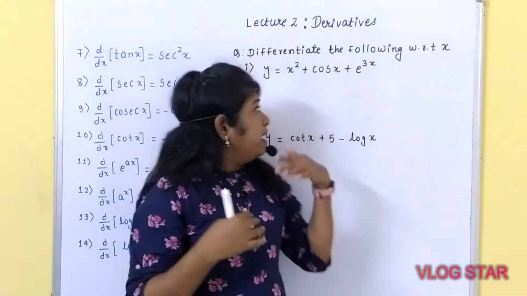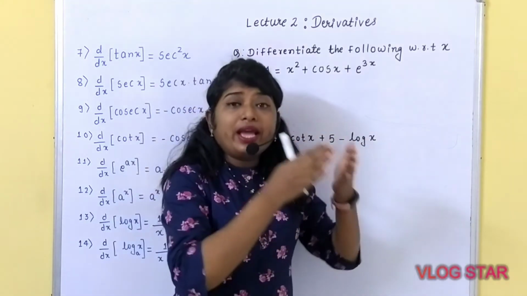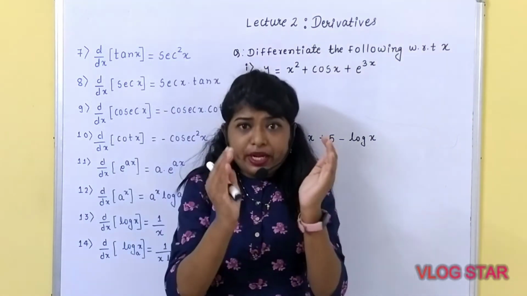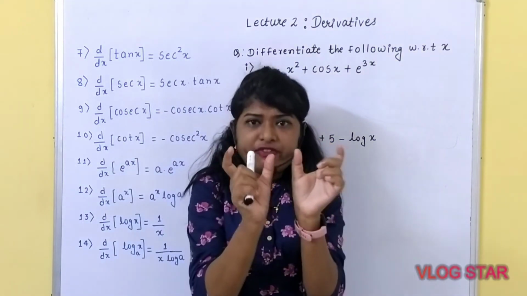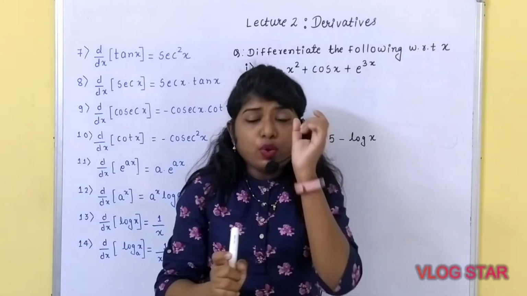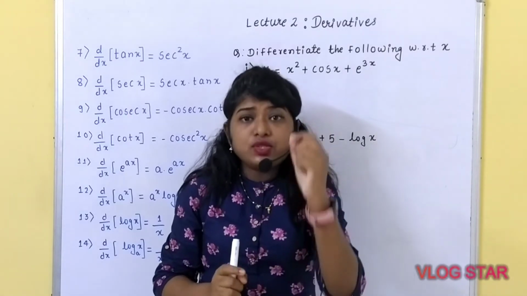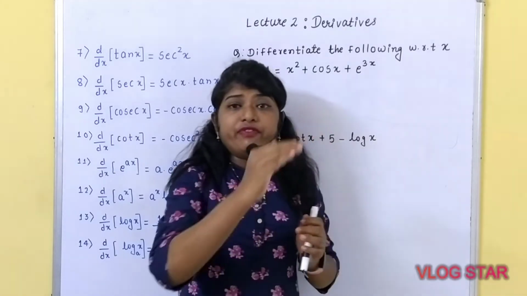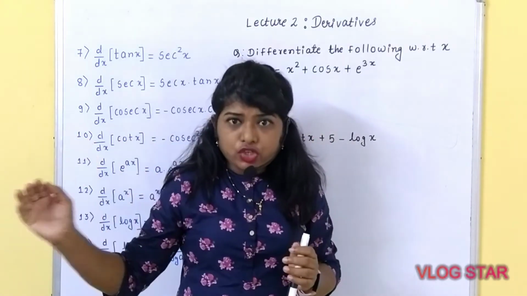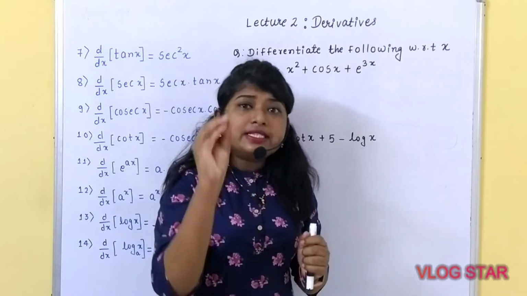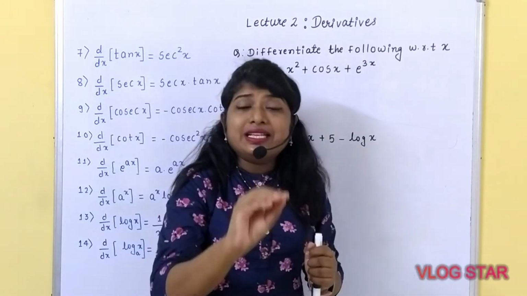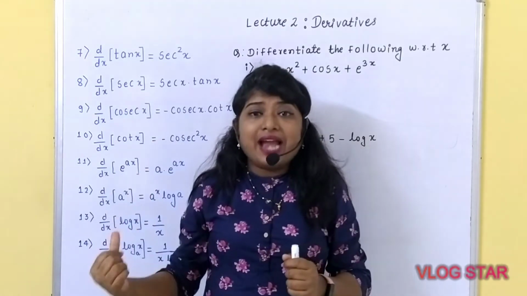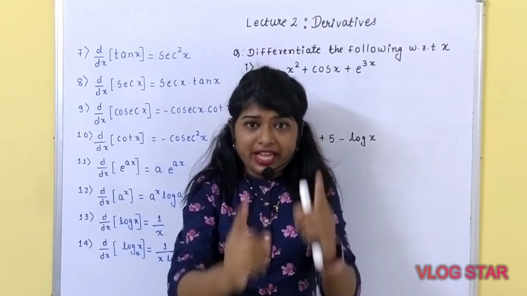But if I am talking about x square into cos x or cos 2x, so in that particular function there will be two different functions. Am I right? So what you have to do? First you have to identify whether the given function is individual function or not. If it is individual function, you can easily apply standard results related to derivatives.